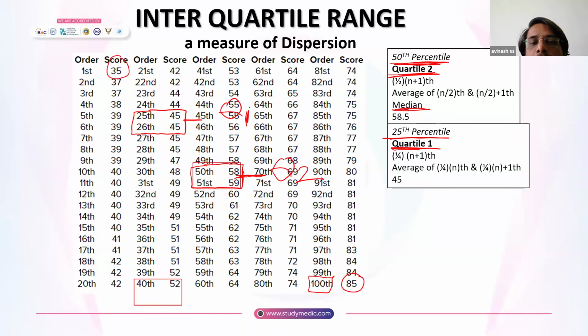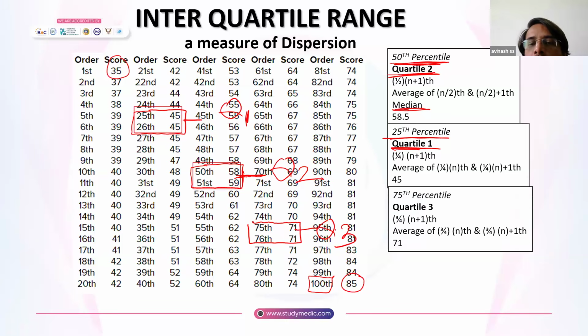Now, if this is quartile 1, then what is quartile 3? Quartile 3 will be the 3/4 value and the next value. That means the 75th value and the 76th value, average. That will become quartile 3, also called the 75th percentile.